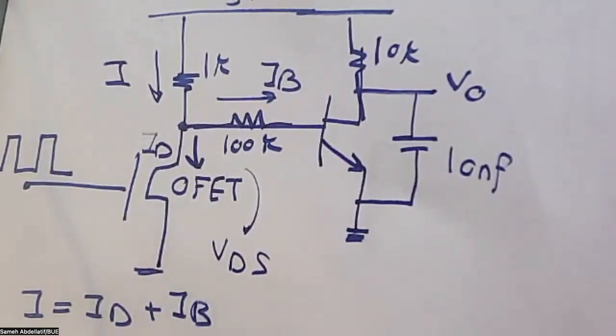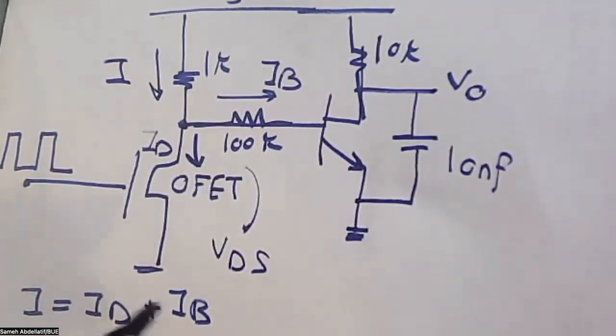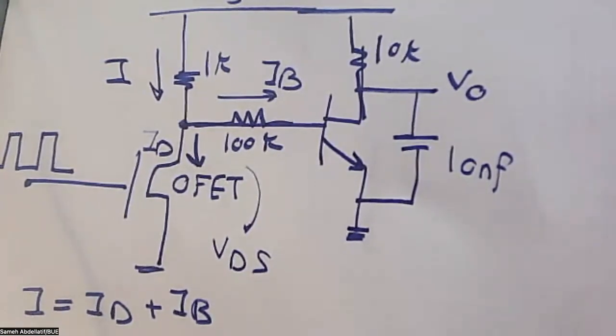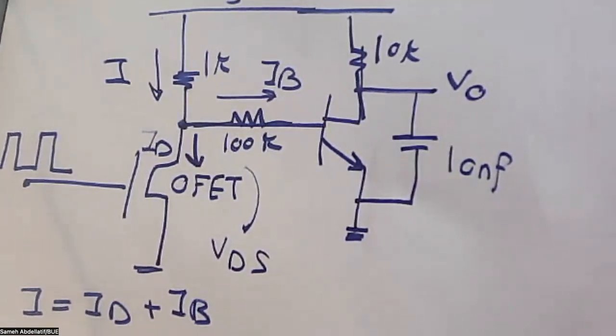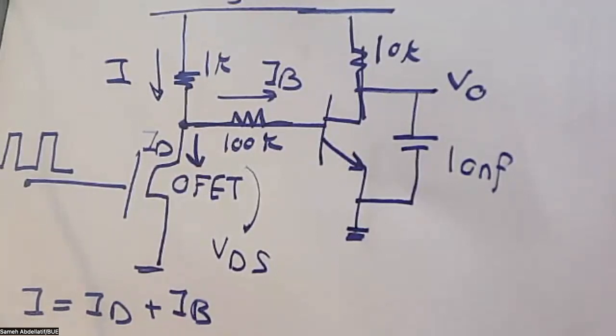So what you are going to see, my dear students, is whenever the ID changes, IB will change accordingly, knowing that their summation should be equal to a constant all the time. That means that you have a reverse proportionality between the ID and IB.